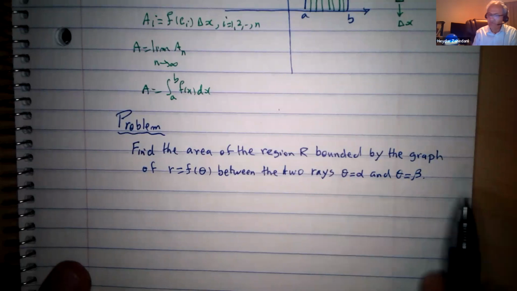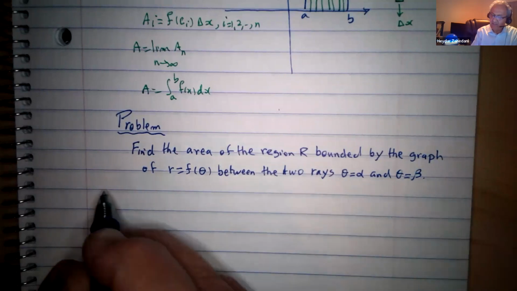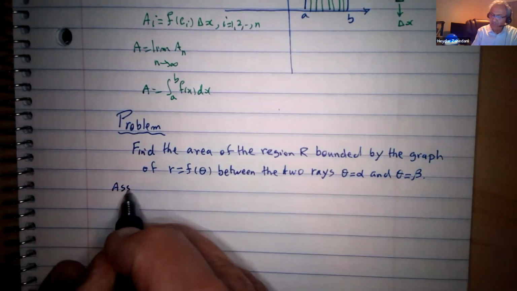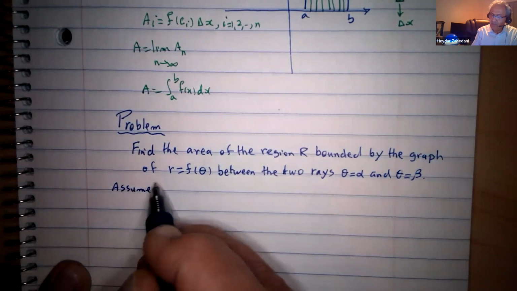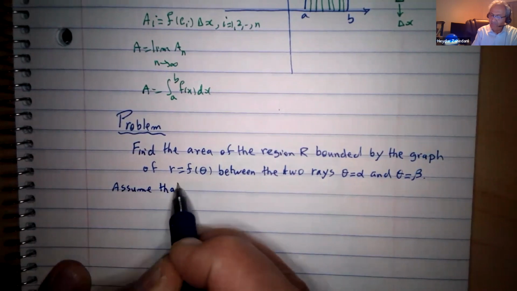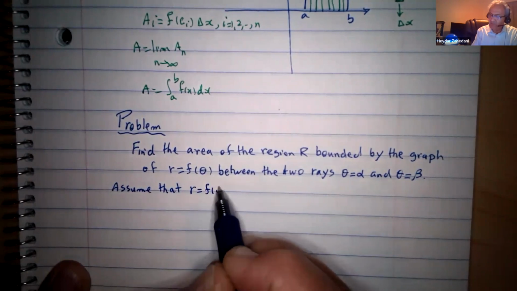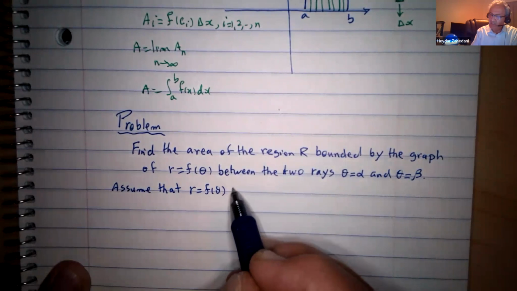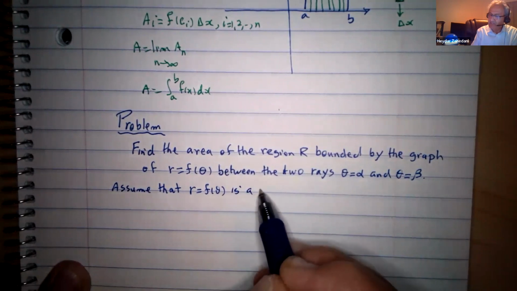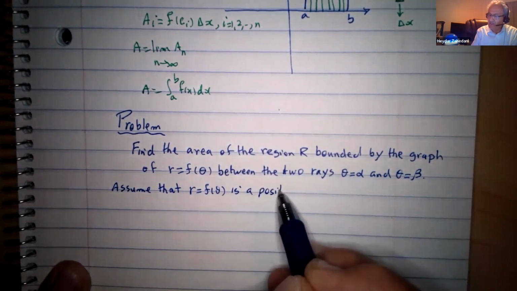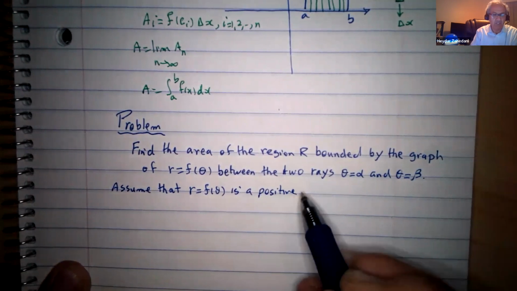Of course, as usual, we assume that the function is continuous and positive. Theta is positive. For the area, you need it to be positive because the area cannot be negative.